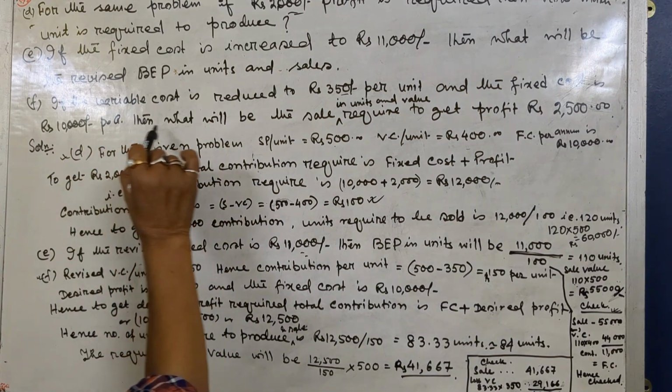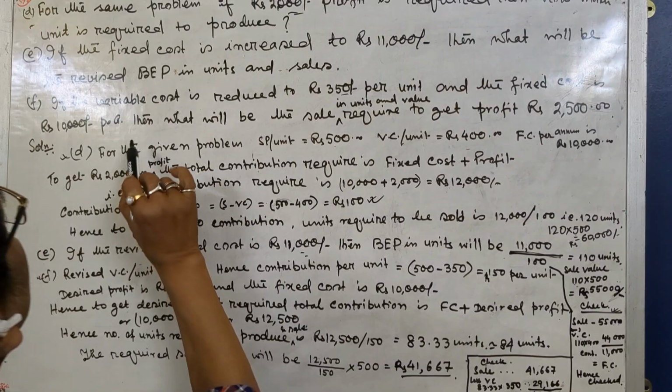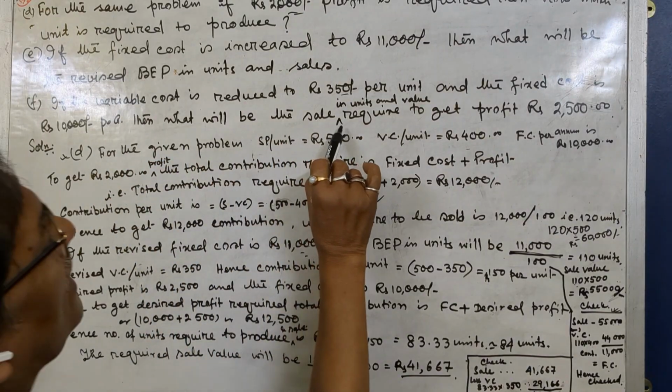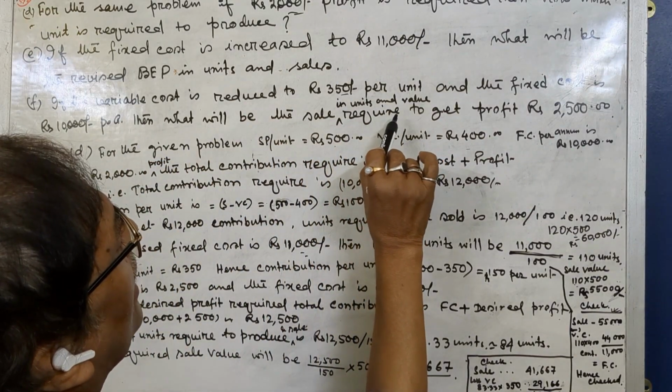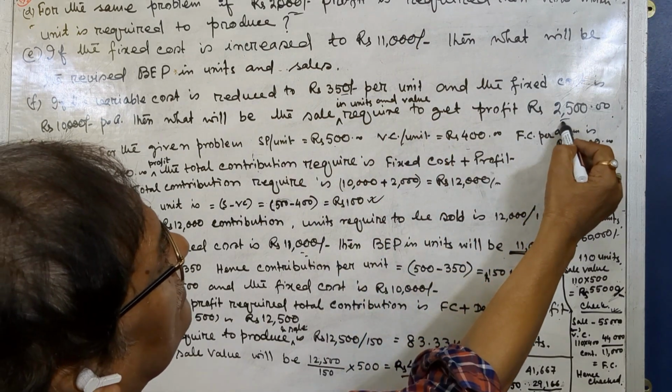The fixed cost remains the same at 10,000. Then what will be the sale in units and value required to get a profit of 2,500?